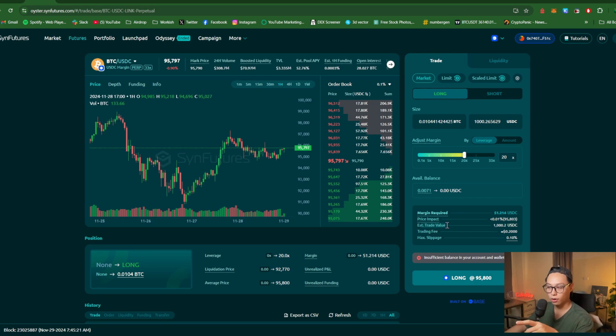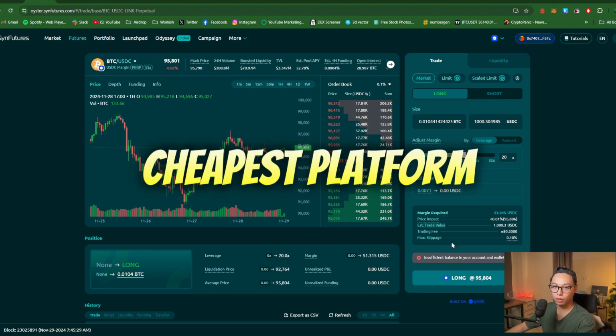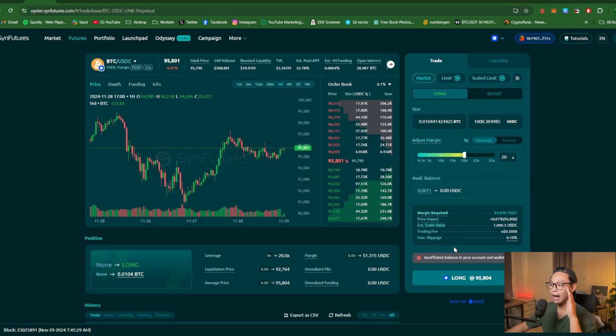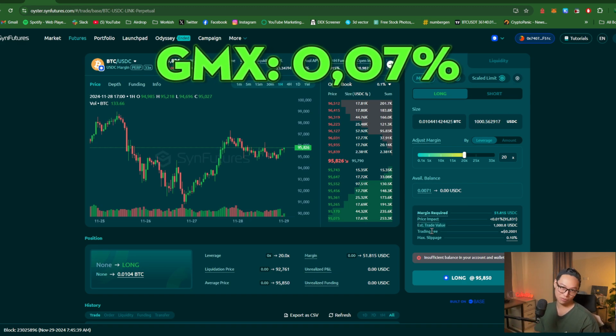And here's an important part. I would say that SynFutures is probably the cheapest platform that you can find out of all the perp DEXes. Not only on Blast, not only on Base, probably the cheapest out of all. On GMX, the trading fee is like 0.07%.